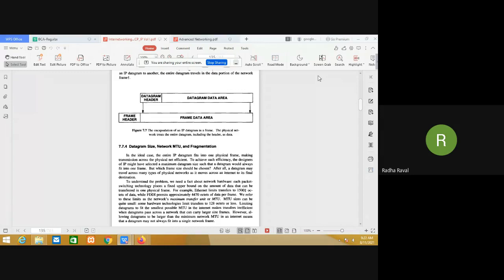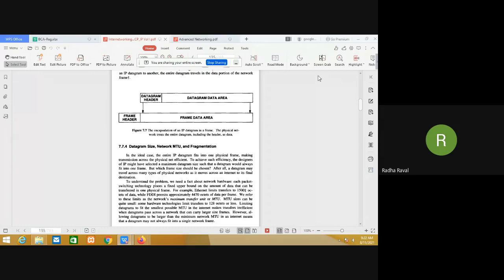So that is a fixed size, and the maximum transfer unit is actually the frame size that you can make, one frame of this size, and put across the network to send to the destination, right? In the ideal case, the entire IP datagram fits into one physical frame, making transmission across the physical network efficient.